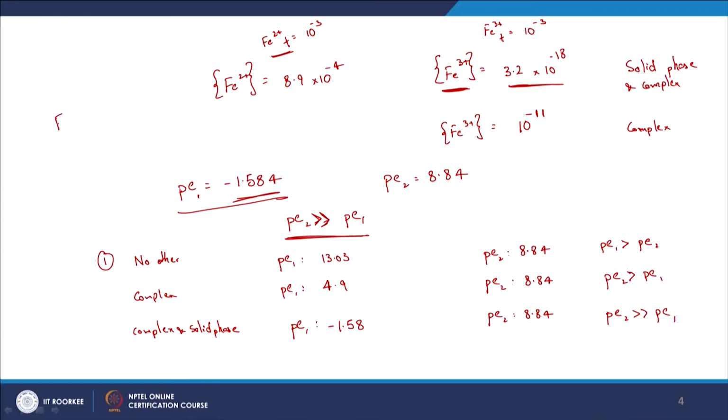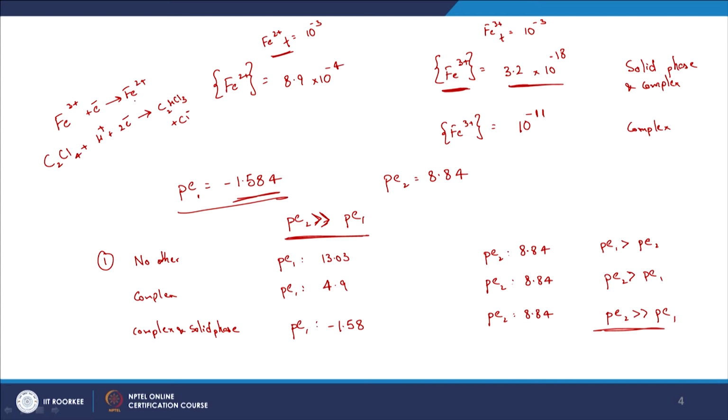So the relevant half reactions were Fe3 plus plus an electron goes to Fe2 plus, and we also had C2Cl4 plus H plus, I think it is hydrolysis, plus 2 electrons goes to C2HCl3 plus Cl minus. Because PE2 is far greater than PE1, what does that mean?